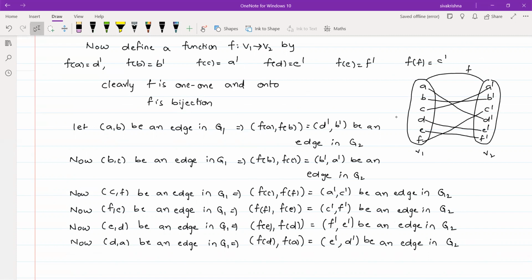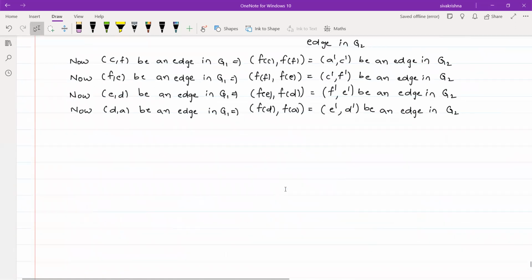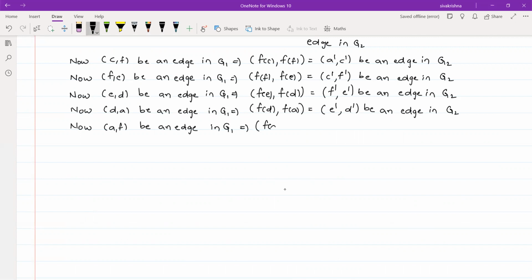Once again, we have to select one more edge in graph 1. Now I am selecting the edge A comma F. Now A comma F is an edge in graph 1. This implies f of A comma f of F must be an edge in graph 2.